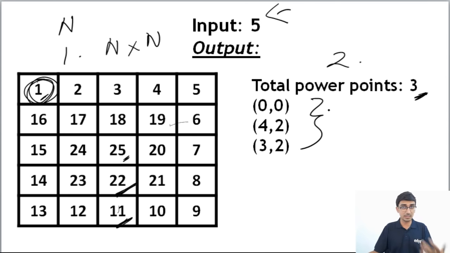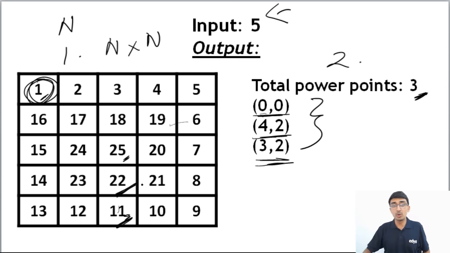Whichever are the multiples of 11 are the PowerPoints, and we have to note them as coordinates. So we take 0 0 because that's the first PowerPoint, 4 2 is 11, and 3 2 is the next PowerPoint, and we have to print them in ascending order. That is, first we print 1, then 11, then 22. Okay, how do we go about doing this?